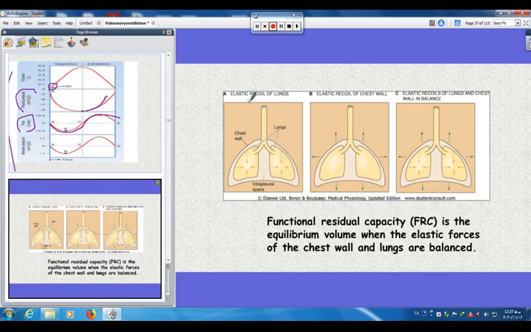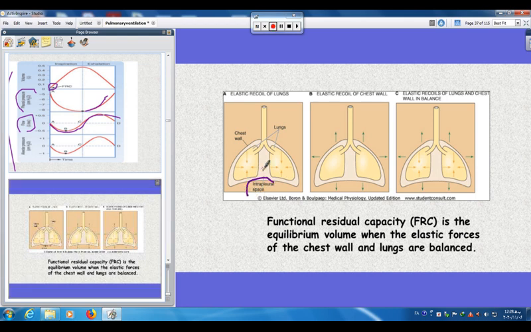You can see the elastic recoil of the lungs and the elastic recoil of the chest wall, with the lungs and chest wall in balance. For example, the elastic recoil of the lungs is directed inward, toward the intrapleural space.